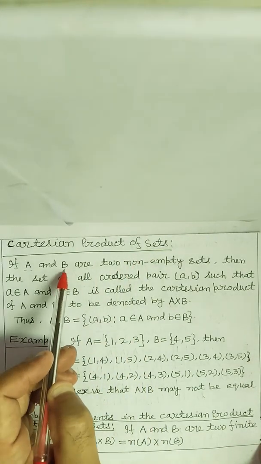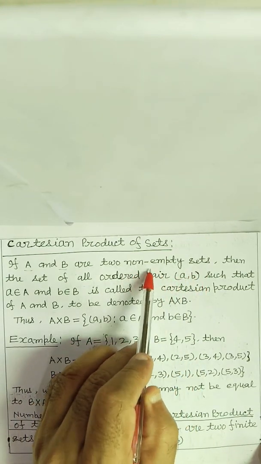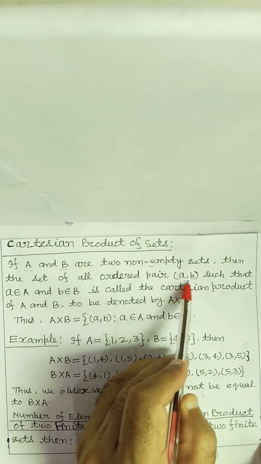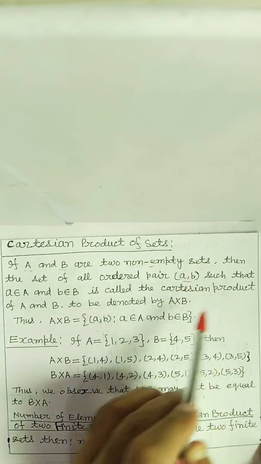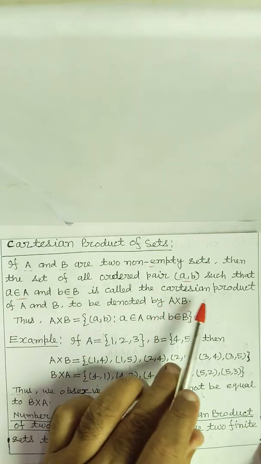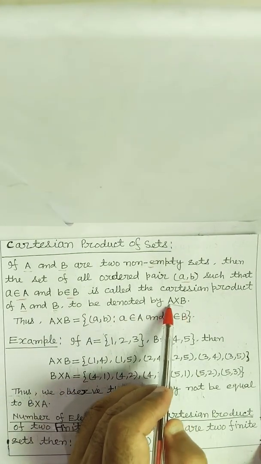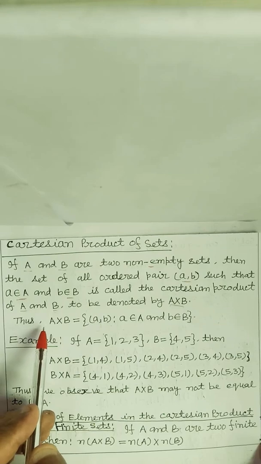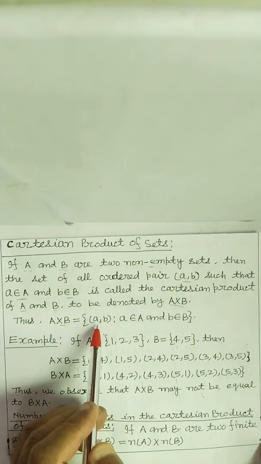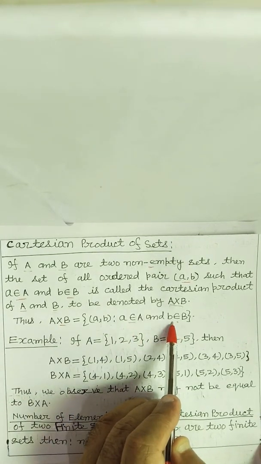If A and B are two non-empty sets, here A and B should be non-empty sets, then the set of all ordered pairs (a, b) such that a belongs to A and b belongs to B is called the Cartesian product of A and B, to be denoted by A cross B. Thus, symbolically, we can write A cross B equal to {(a, b) such that a belongs to A and b belongs to B}.